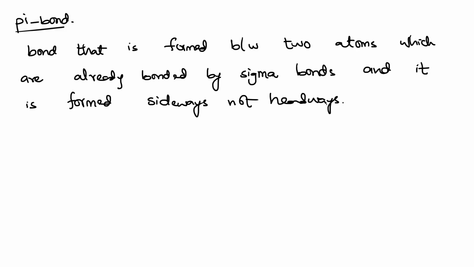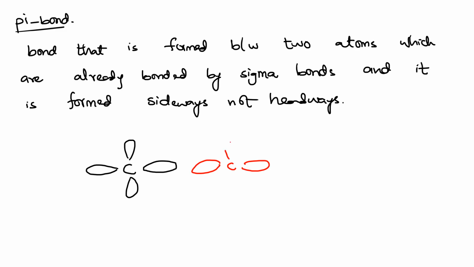So what does that mean? Let's say this was a carbon atom. It has this p orbital, the dumbbell shaped orbital, and it has three p orbitals. Let's draw, for example, for simplicity. This is another p orbital of carbon, and these two carbon atoms are going to form a bond.